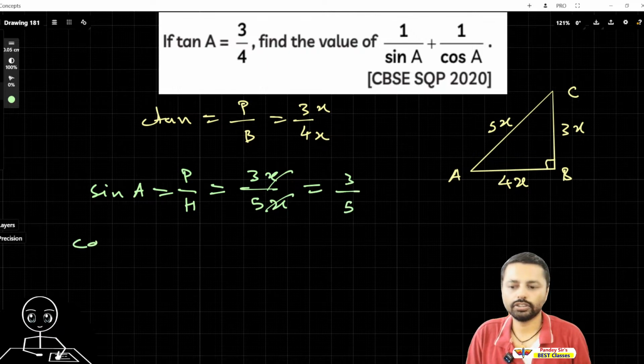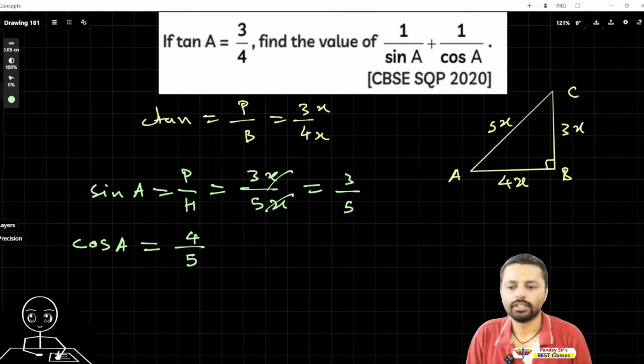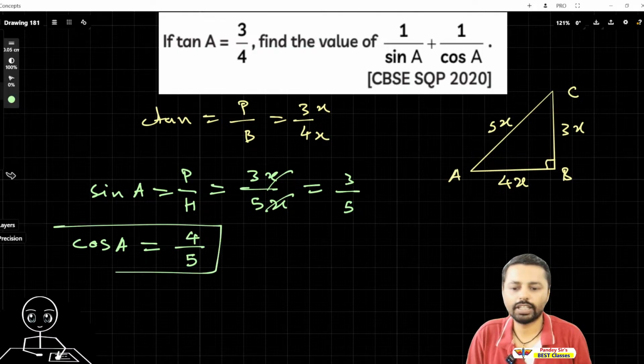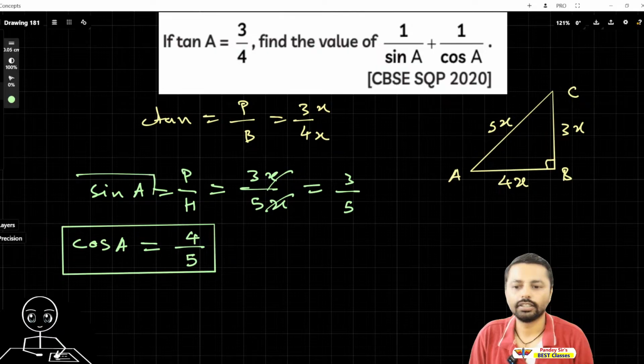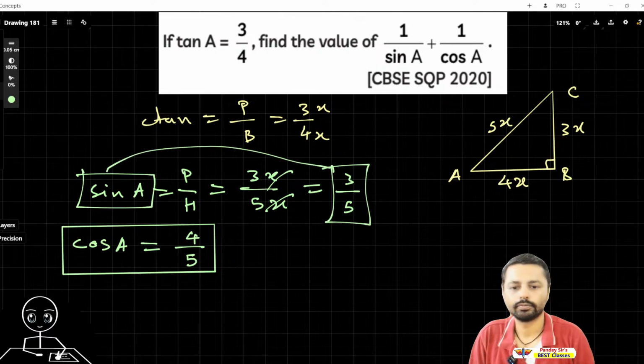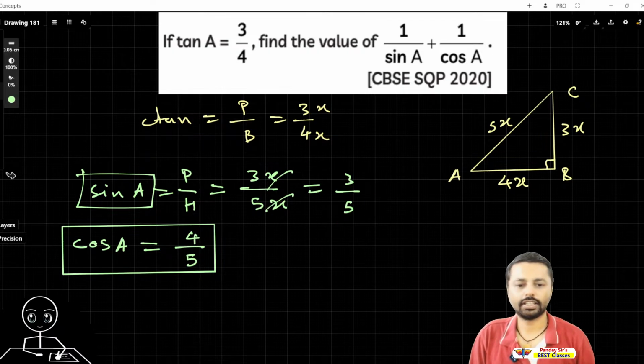Now cos A will be 4 by 5, like base by hypotenuse. Now these values are important. If you don't want to get confused later, you must find these values. Okay, that's the value of sin A. I'll write it in a better way.